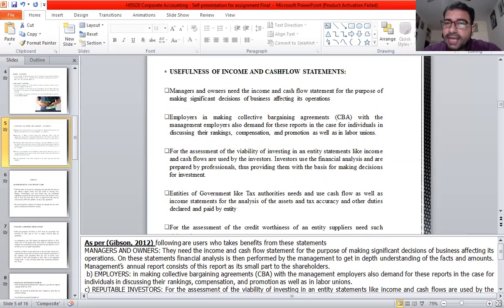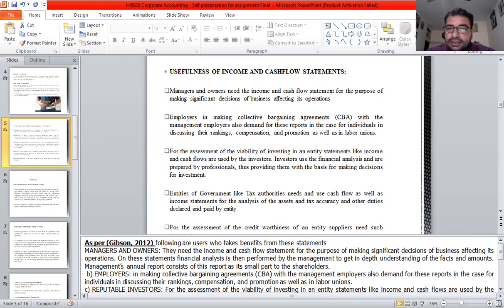Usefulness of income and cash flow statements. There are many different things that have been gone through in the literature by Gibson 2012. However, I feel there are a few things that play a major role. That is for managers and owners, as they need the income and cash flow statement for the purpose of making significant decisions of the business affecting its operations.